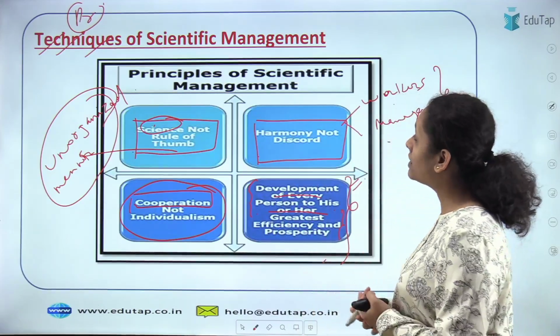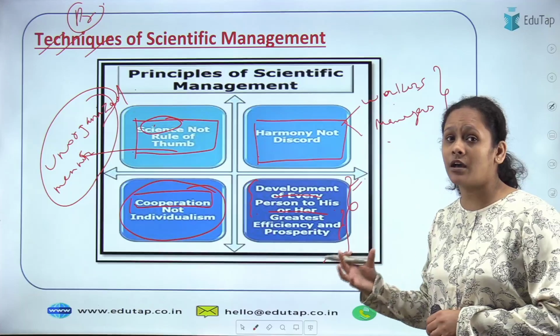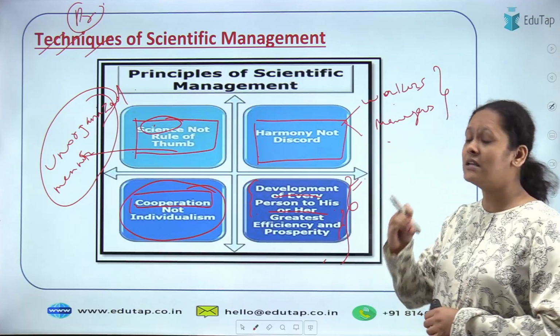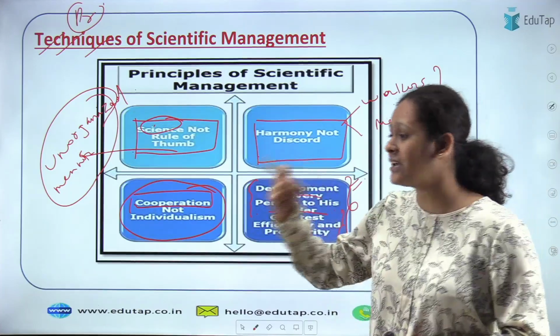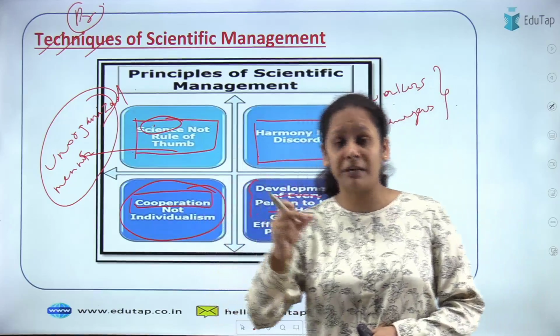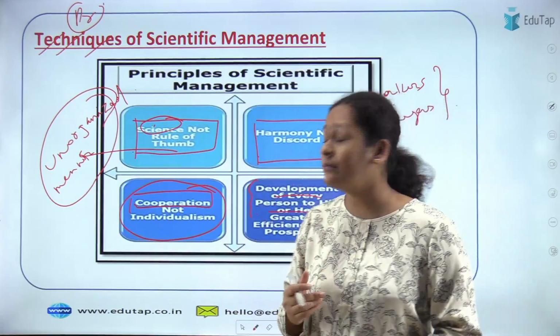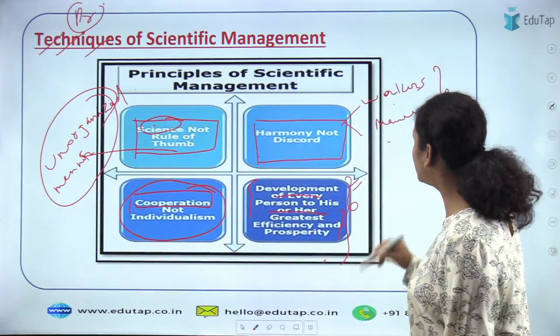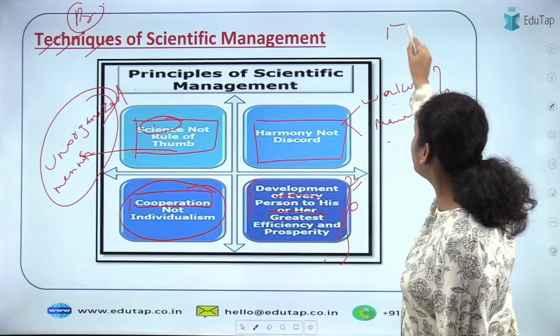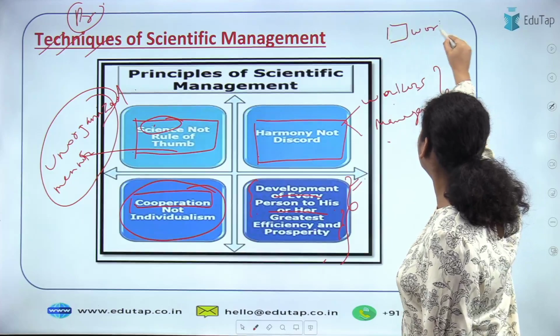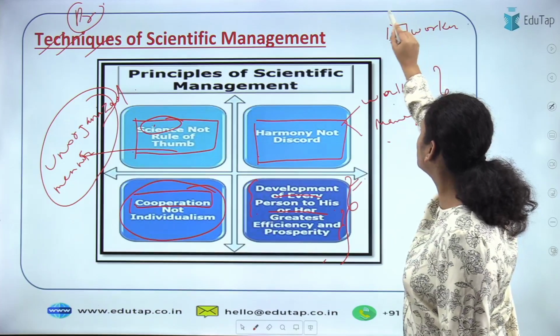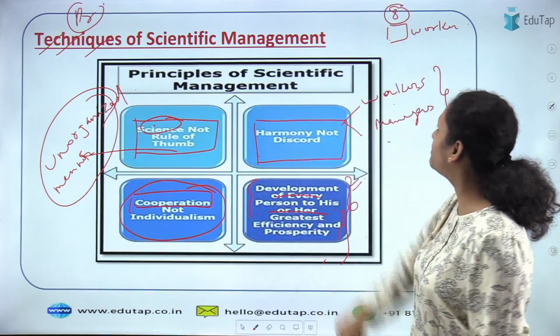So what did Taylor do? He said that instead of giving certain tasks to a single person, you have to select the correct people who can do certain particular tasks. And eventually you have to keep in mind, Taylor said that for every worker, okay, he will be supervised by 8 people.